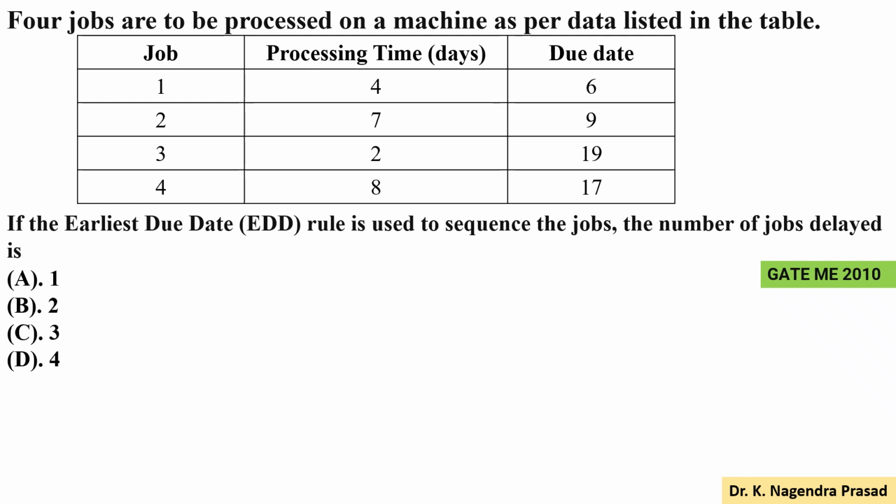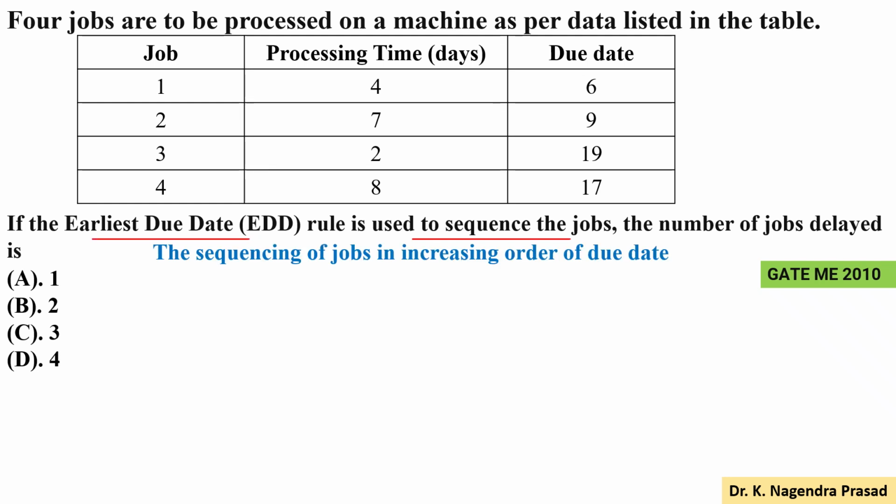First we have to find the sequencing of the jobs by the earliest due date. We arrange the jobs in increasing order of the due date by using the earliest due date rule. First we observe the minimum due date.